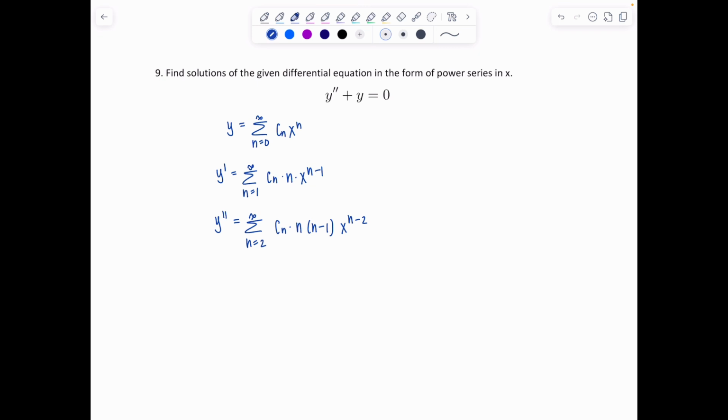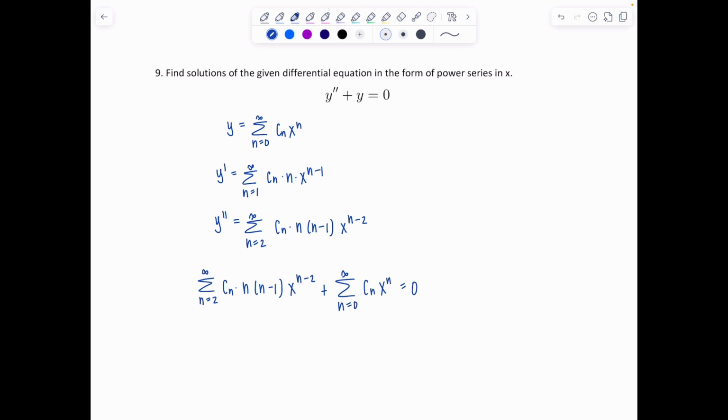Now we'll substitute these into our differential equation. So y double prime, we have the sum n equals 2 to infinity, c sub n times n times n minus 1, x to the n minus 2, plus y, the sum n equals 0 to infinity, c sub n times x to the n. And this all equals 0.